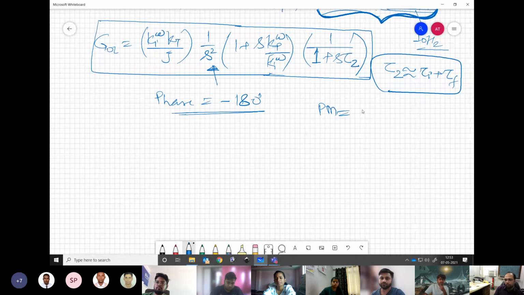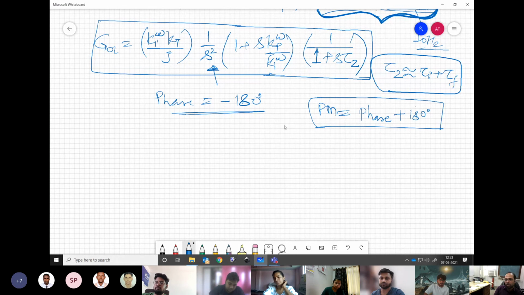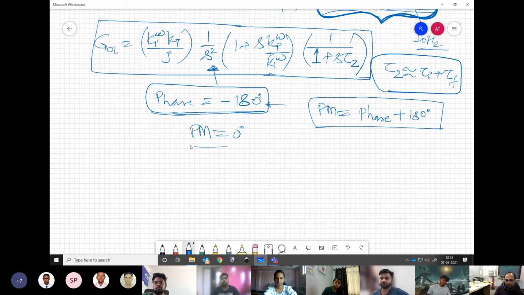Phase margin is 180 degree plus phase. Our phase plus 180 is the phase margin. So you can go back and revisit your Bode plots and how to draw them. You will understand that phase is minus 180 degree, which means we have phase margin equal to 0 degree. And what phase margin equal to 0 degree suggests is that your system is unstable.